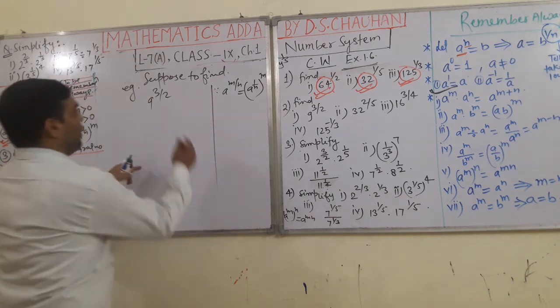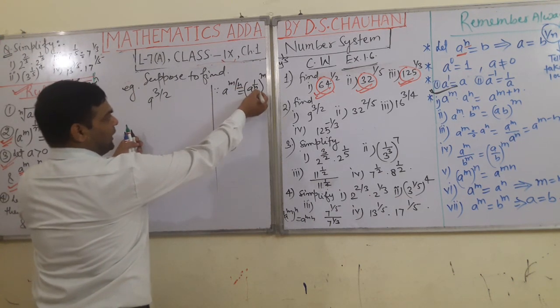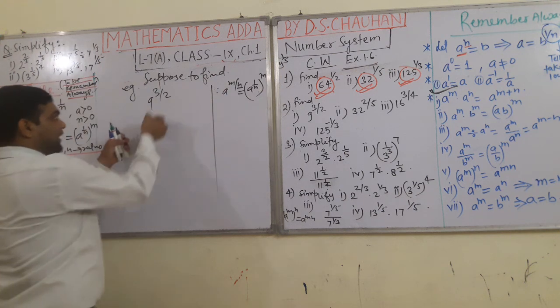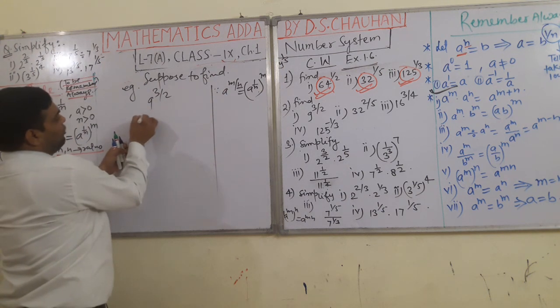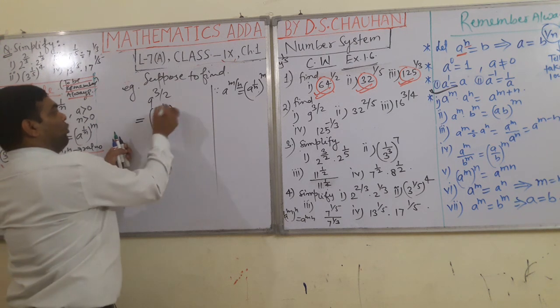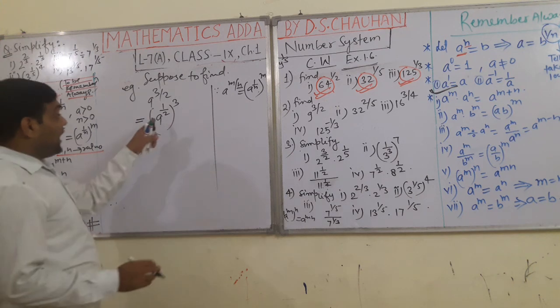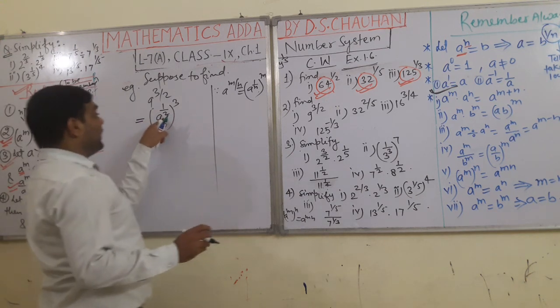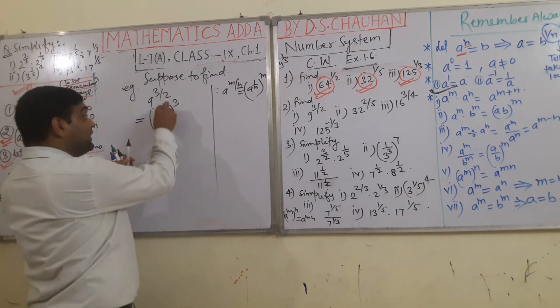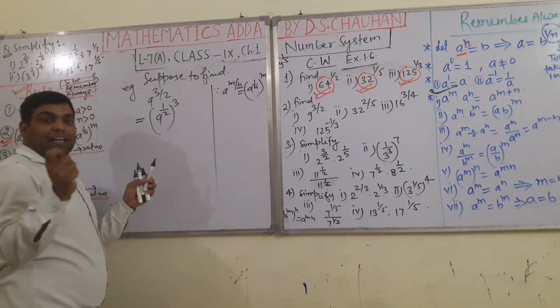So very easily, here in the denominator n is present, we are taking it inside. So we can note down, this can be written as 9 to the power 1 by 2 to the whole power 3. Well, 9 to the power 1 by 2 tells us to take one out of 2 identical things.